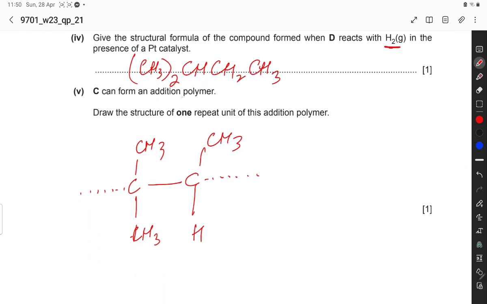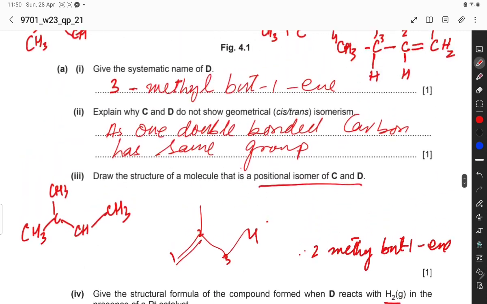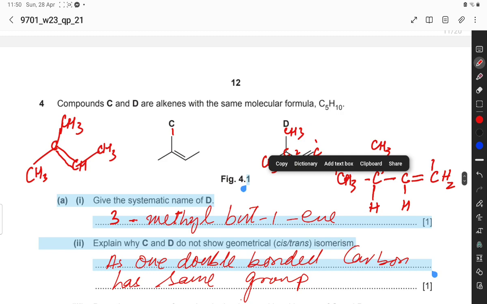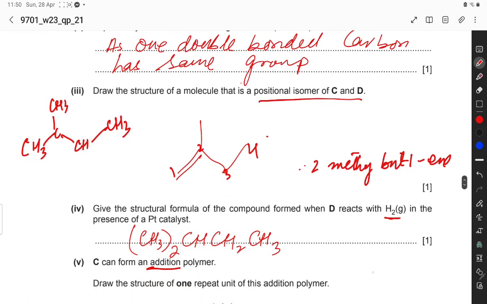C can form an addition polymer. Draw the structure of one repeat unit. So this is the one repeat unit like this. First modify this structure, where we have the C double bond.